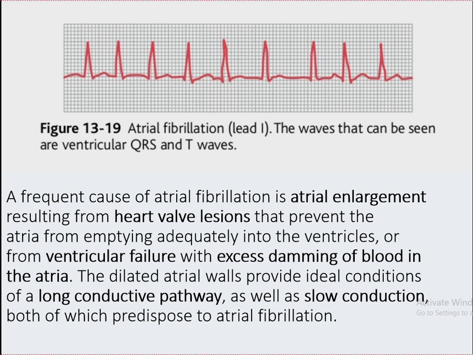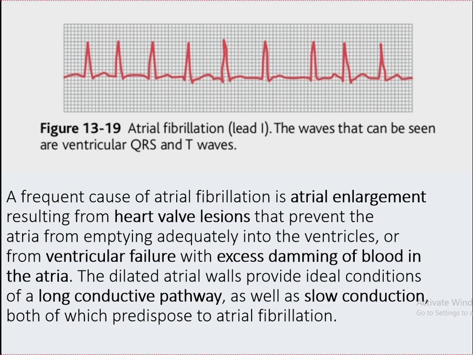So that is atrial fibrillation. Atrial fibrillation can happen due to atrial enlargement, and that may be due to problems with the heart valves, causing excess blood to dam inside the atria, causing them to enlarge. With time it can predispose someone to atrial fibrillation.